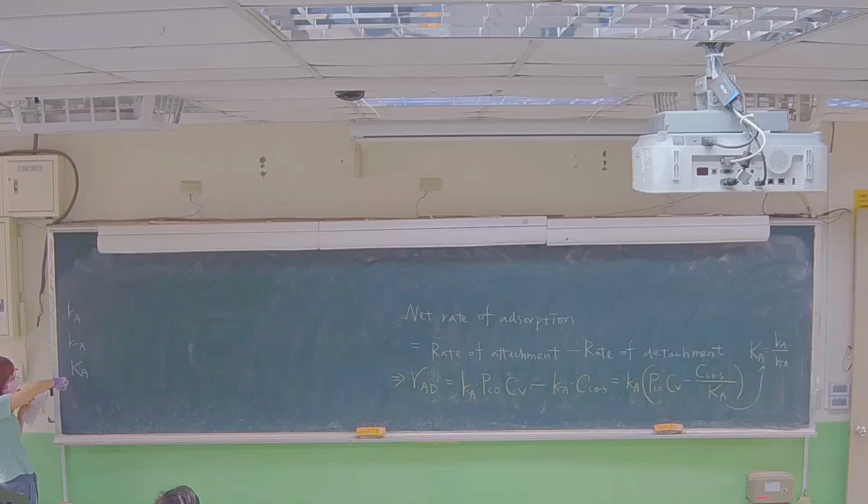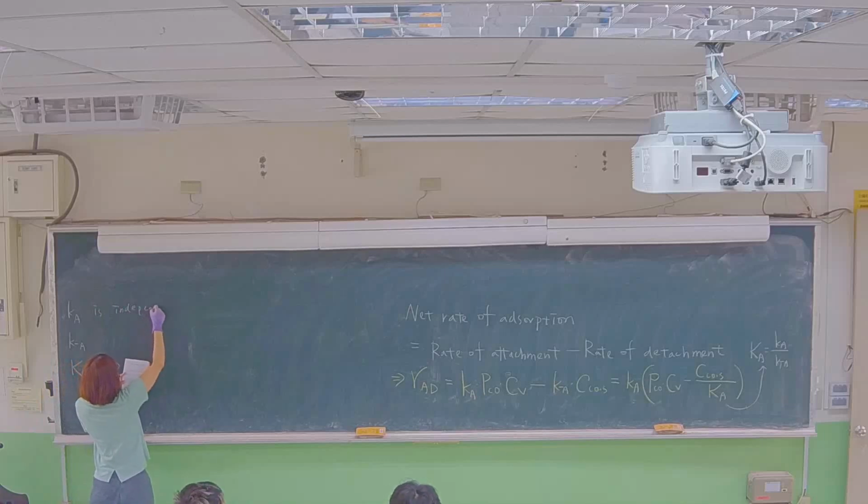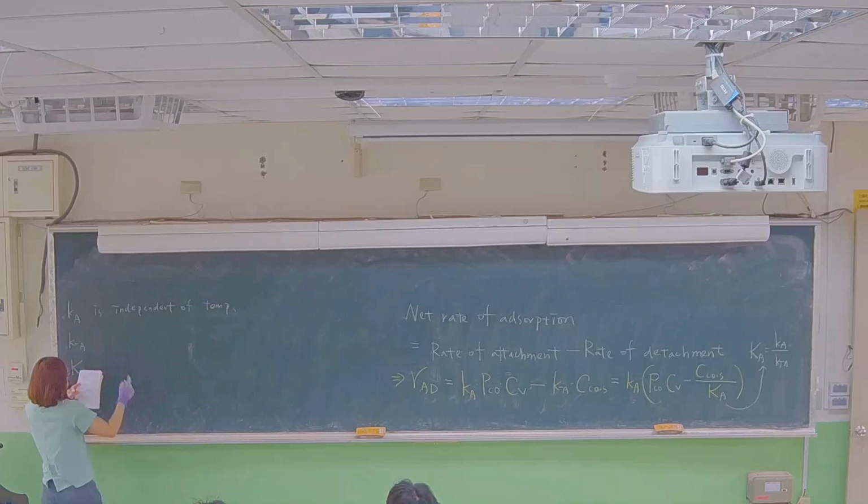Okay, and Ka is independent of temperature. K minus A is proportional to temperature.